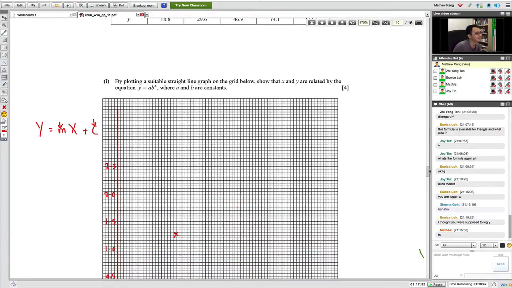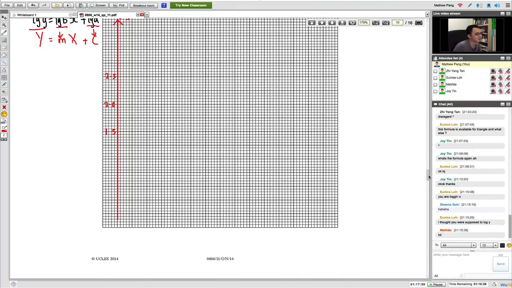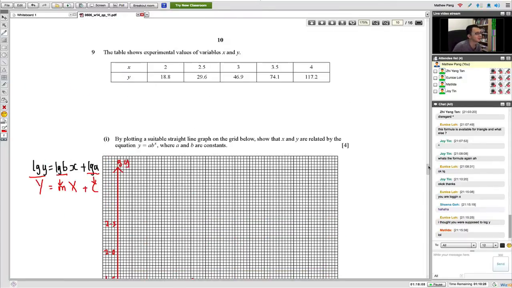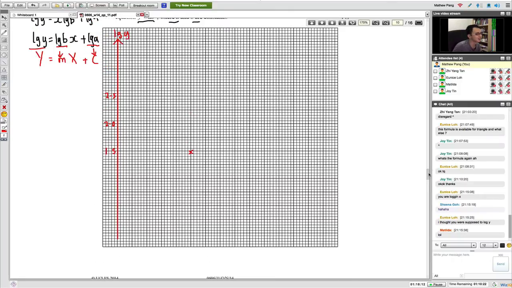The second one, 2.5 and 1.47. 1.4, 1.45, 1.47 is here. Then next is 3, 1.69. So 3 over here will be 1.69, 1.69 is here.